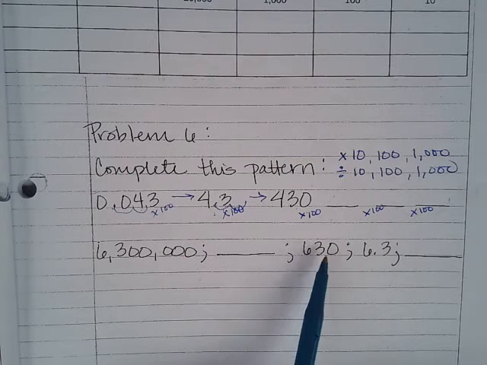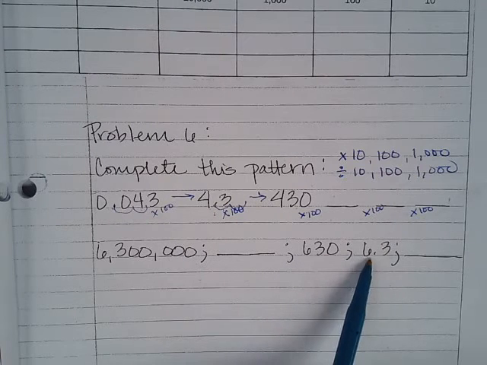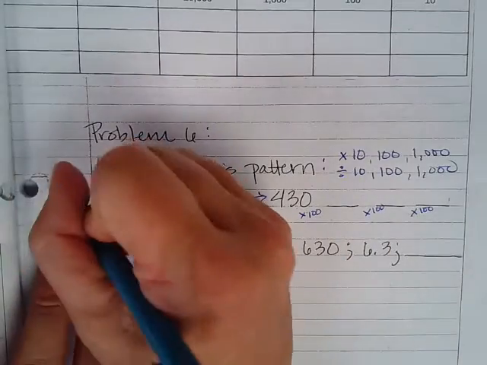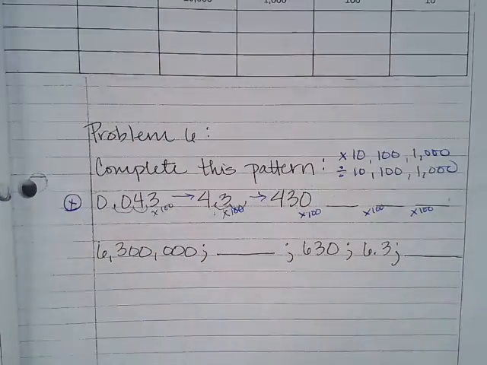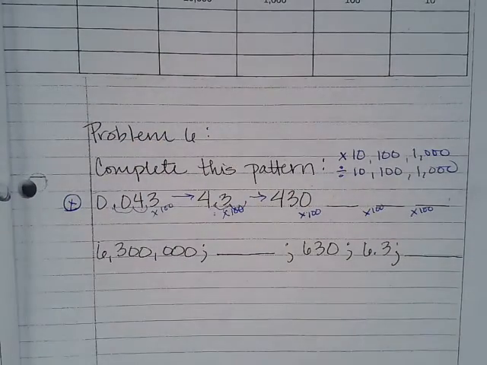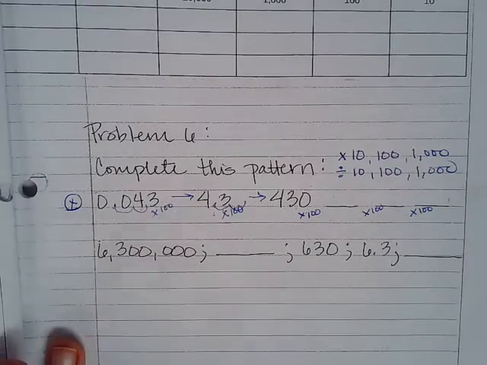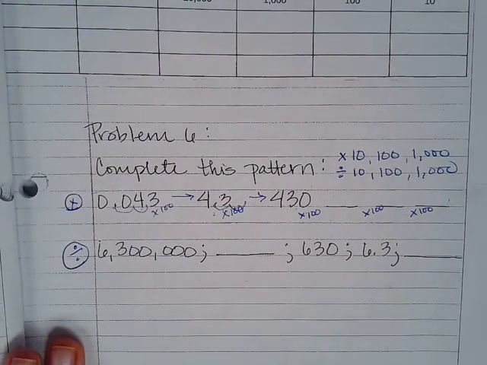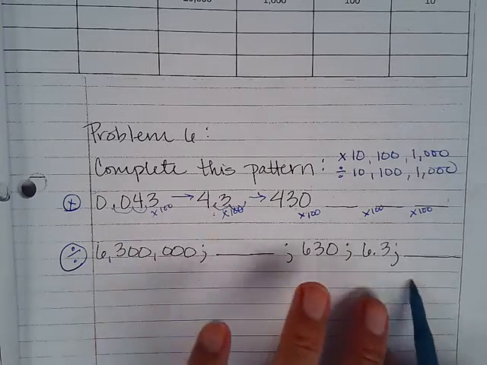Well, wait a minute. It looks like the numbers are getting smaller. So if here we're multiplying and the numbers are getting bigger, what operation do you think you're using down here to get smaller numbers? Down here, we're going to divide to figure out the pattern.